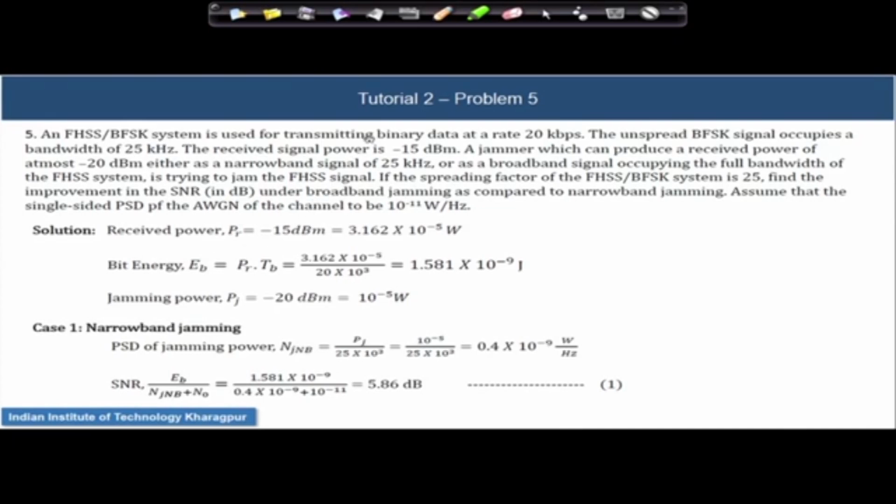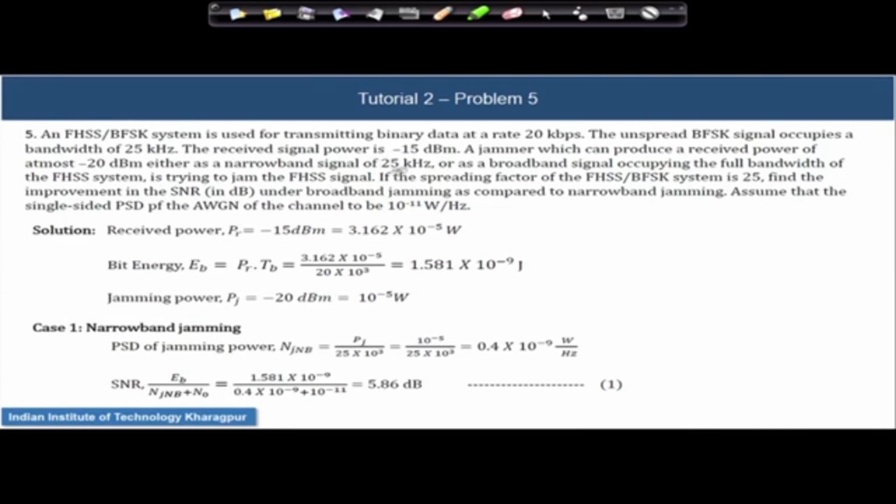So in this case we are given an FHSS BFSK system, and we have a binary data rate of 20 kbps. The unspread BFSK system has a bandwidth of 25 kilohertz. The received power is minus 15 dBm, and we have a jammer which has a maximum power of minus 20 dBm, and we have two cases.